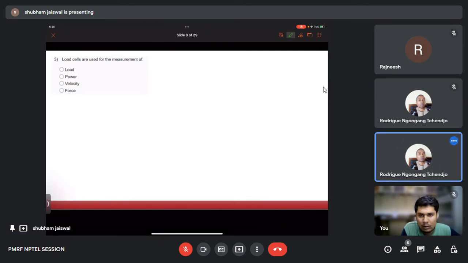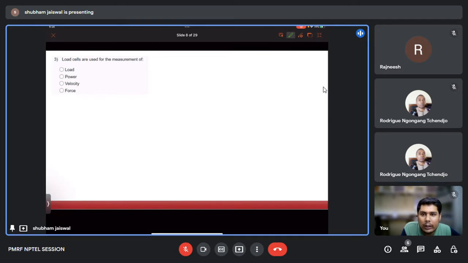Yes, Mr. Roderick, you are correct. The load cell that we use is for the measurement of force. Let me write all the terms: load, power, velocity, and force. Force we can measure using the load cell.